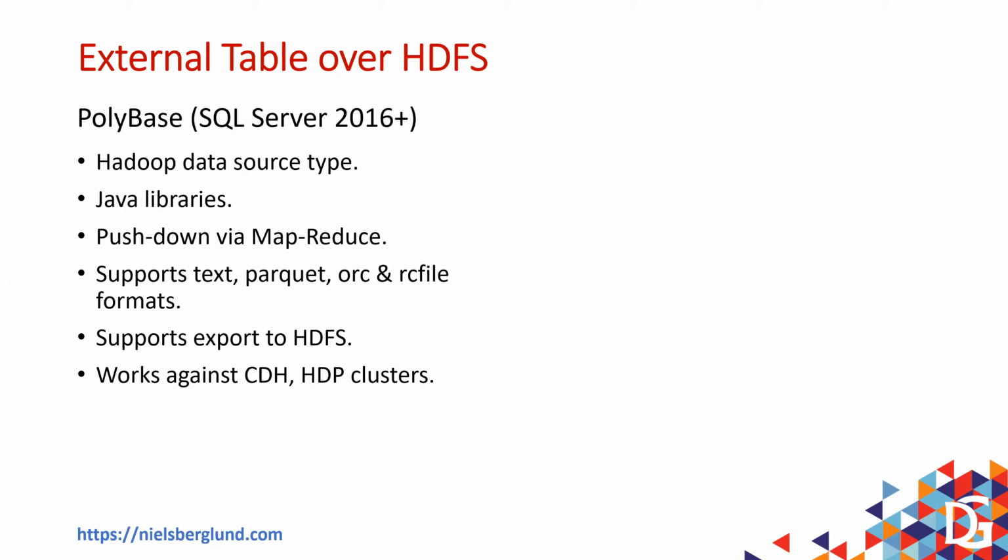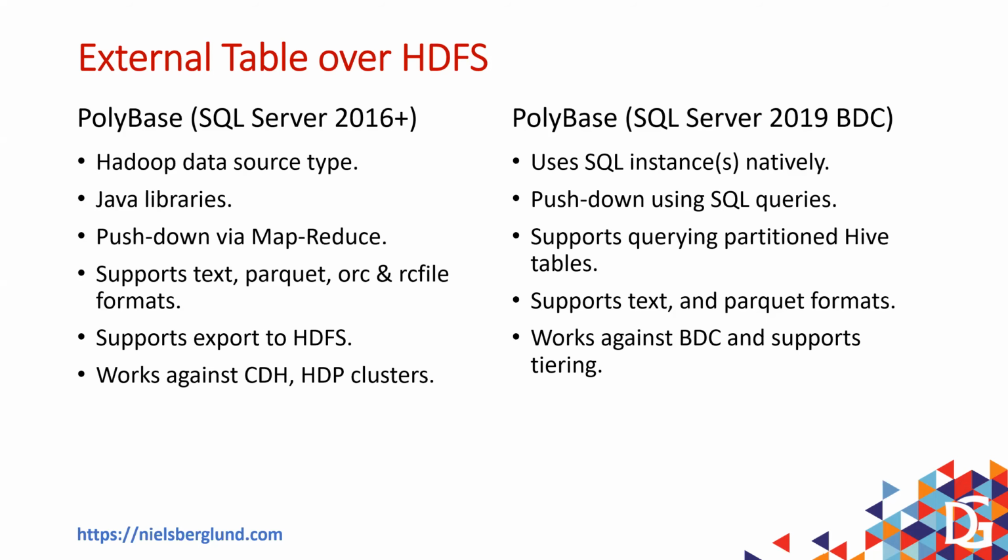2016 and 2017 supported text, Parquet, or ORC and RC file formats, and we could export to HDFS. The problem is that it only works against Cloudera Hadoop or HDInsight Hadoop clusters. In the 2019 Big Data Cluster, we are using SQL natively, so basically no Hadoop data source type. We are using SQL queries instead of Java libraries and pushdown, and we can query partitioned Hive tables.